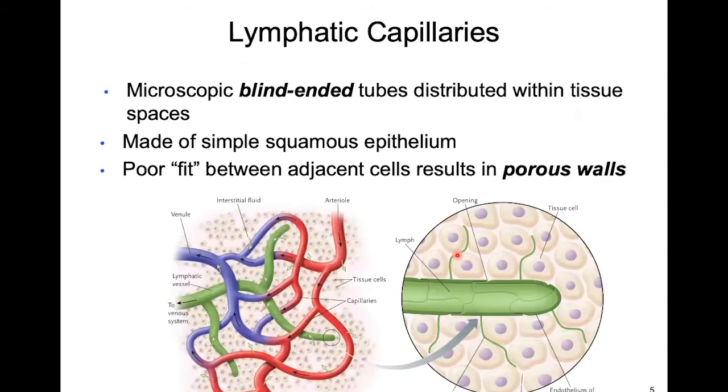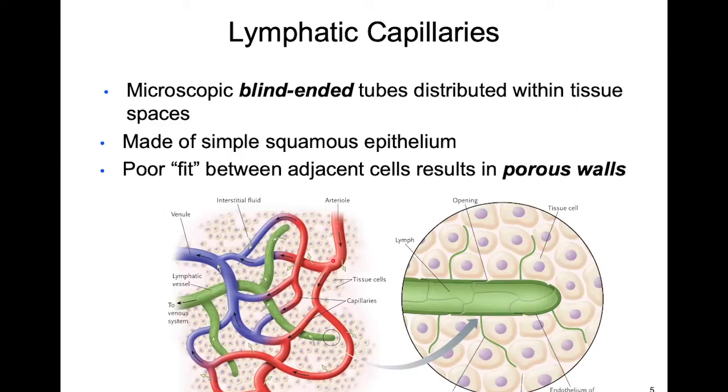Now, something else that's unique about our lymphatic capillaries compared to our blood capillaries is that our lymphatic capillaries are blind-ended. They aren't continuous with any other structures. The only way fluid can move in is through the lateral openings between the adjacent simple squamous epithelial cells. Whereas with our blood capillaries, they are continuous.